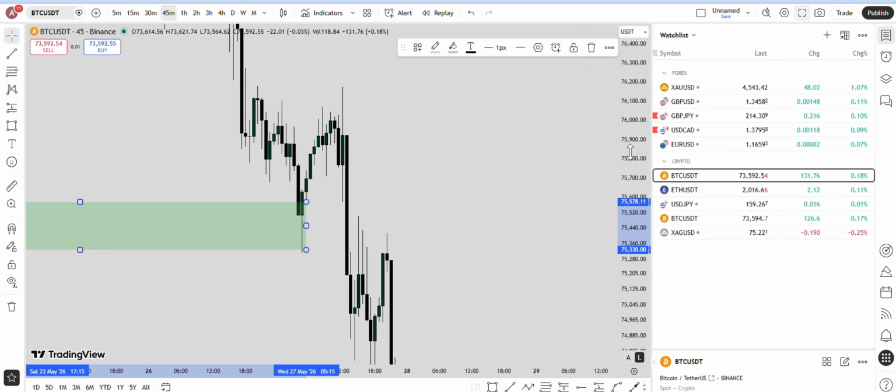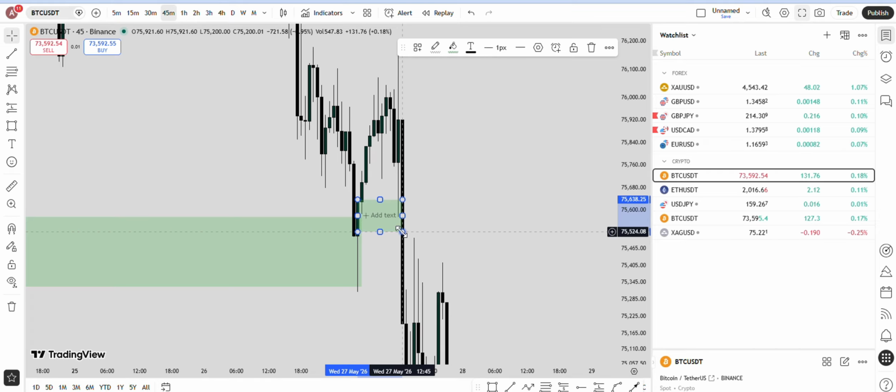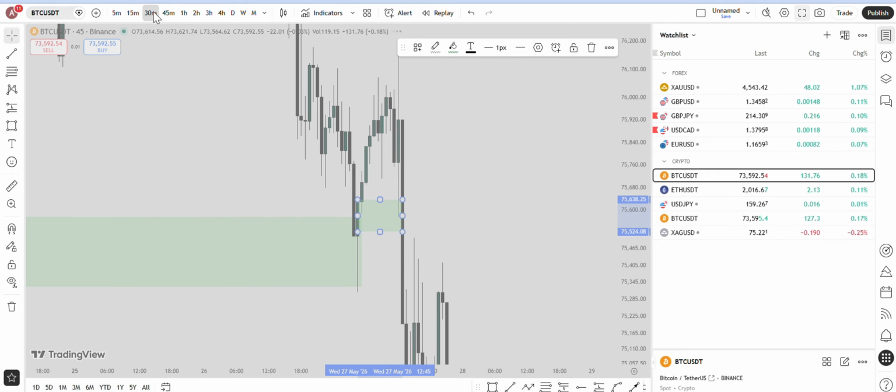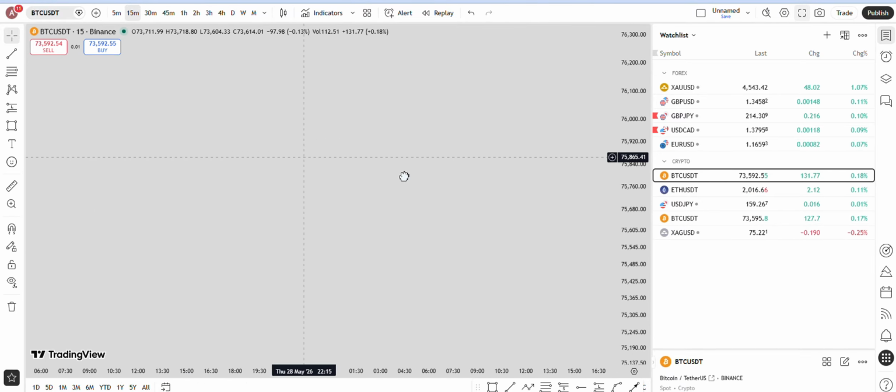I think this was where I took that trade from. Then I marked this as my other block here. If I go down to a lower time frame, I'll see it clearly, like on the 15 minutes.